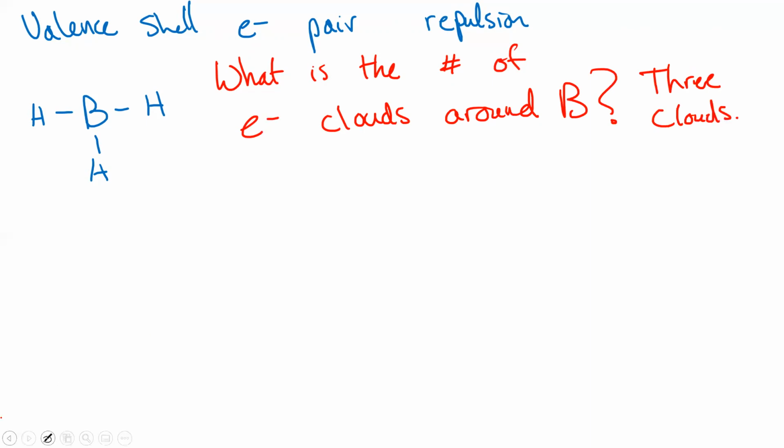Next, those clouds space themselves equally around the central atom. What does that look like? Well, boron goes in the center, and we end up with 360 degrees divided by 3. 3 things spaced evenly around an atom will still be perfectly fine in 2 dimensions.